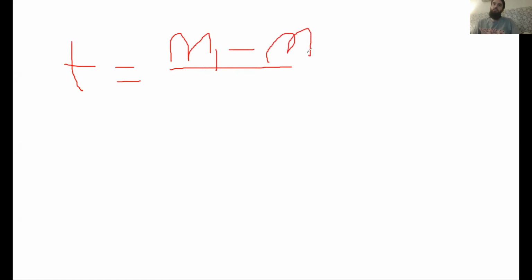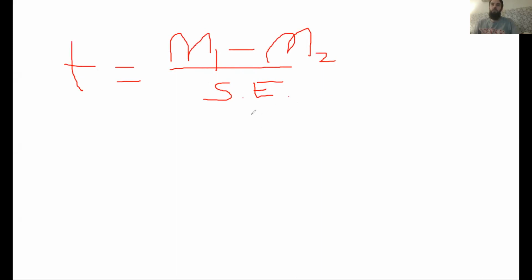Right? So let me pull up a little whiteboard. So t-test is, as you might remember, a mean difference over sampling error, right?